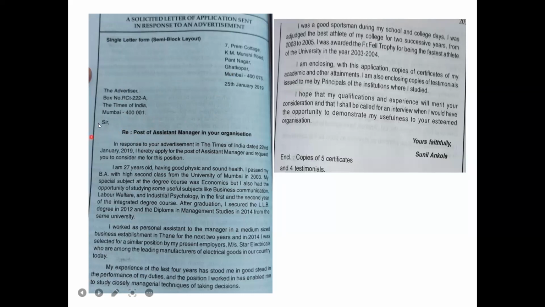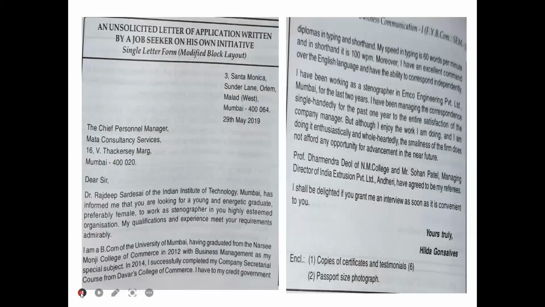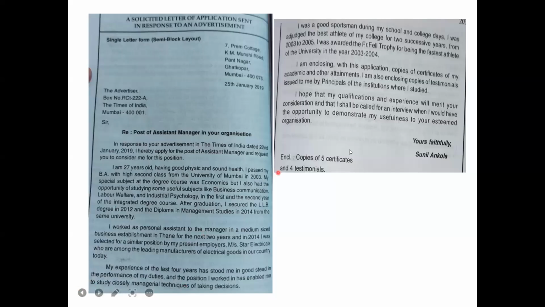So there is indentation for subject also, indentation for all the paragraphs. All paragraphs are indented. सभी paragraphs indented हैं. Closing, complementary close and sign to the right hand corner and enclosure to the left hand corner.